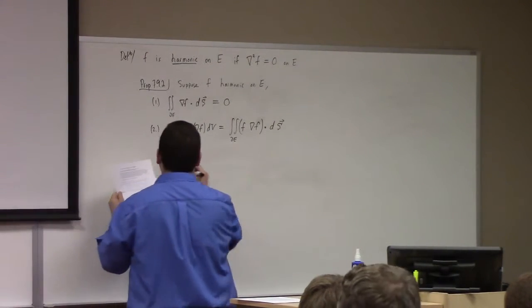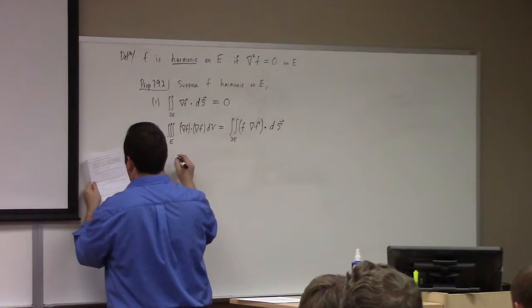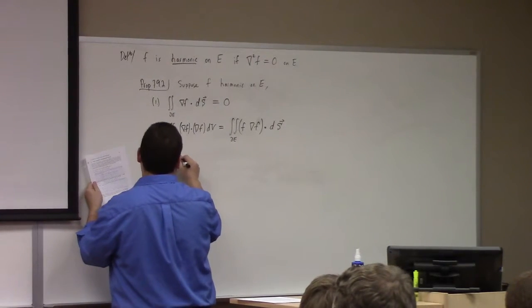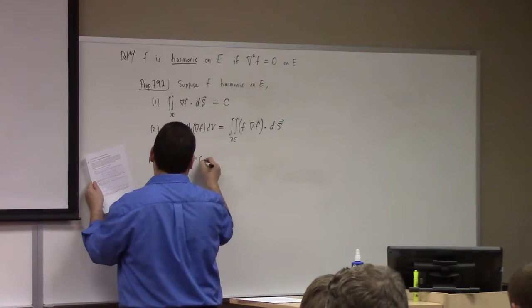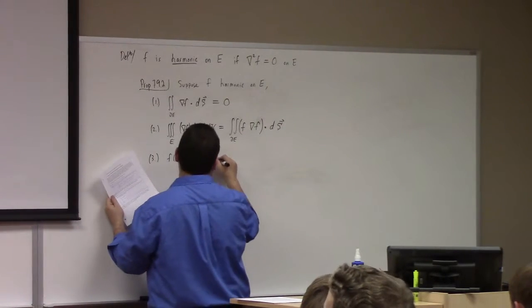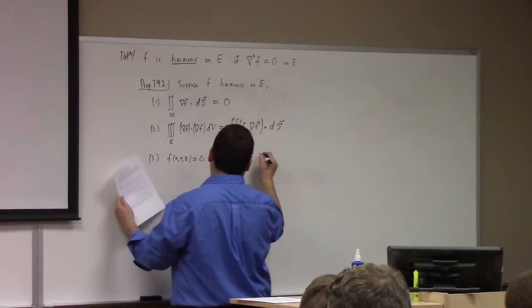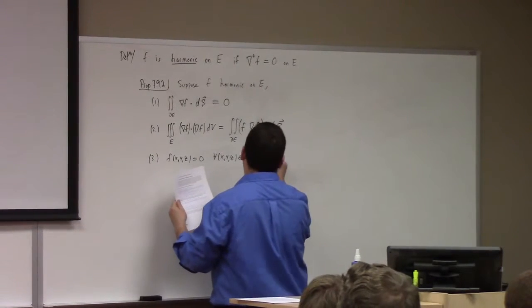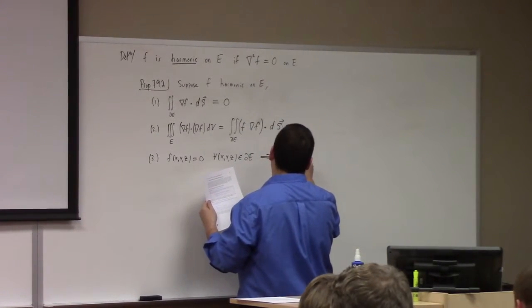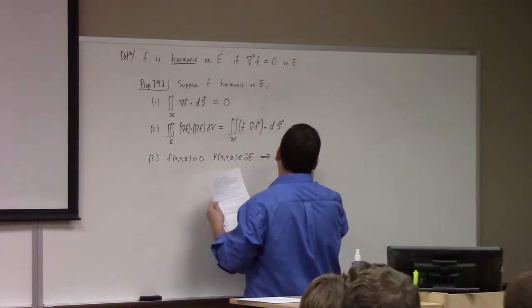Three, if f of xyz is equal to 0 for all xyz on the boundary, then that implies that f is identically 0 in the whole solid.